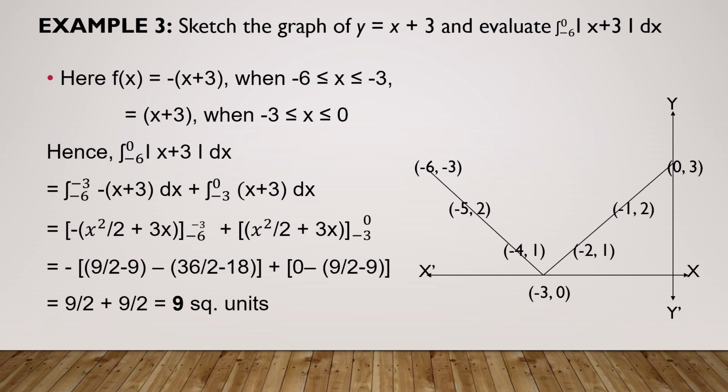So the integral will be from minus 6 to minus 3 of minus of x plus 3 dx plus integral from minus 3 to 0 of x plus 3 dx. Then it is simple, x square by 2 is the integral of x and the integral of 3 is 3x. Upper limit minus lower limit, put the values and simplify it properly. You will get the answer as 9 square units.